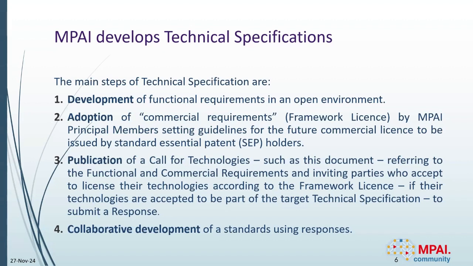Then we publish a call for technologies, like we published for this standard, referring to the functional and commercial requirements, and inviting parties who are willing to license their technology according to the framework license, if their technology is accepted to be part of the target technical specification, to submit a response. Then we collaboratively develop the standard using the responses received.